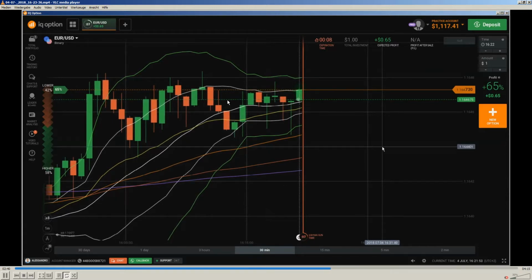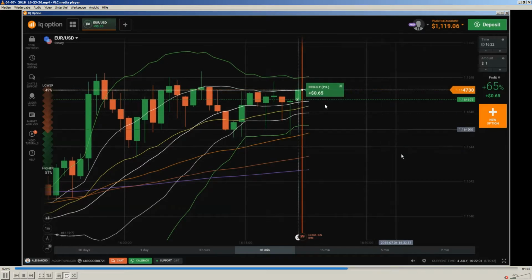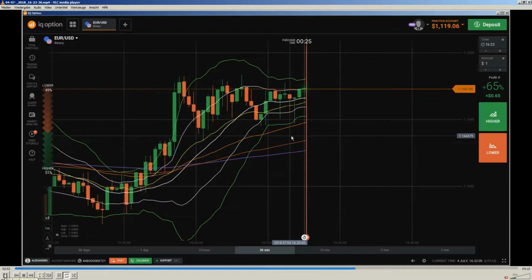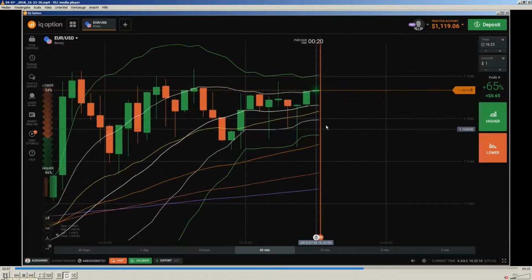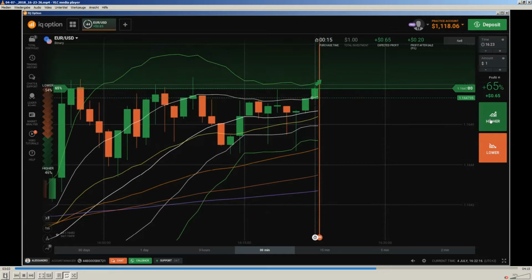Now, after this, because we are moving out of this box here, out of the zone between the middle Bollinger Band and the one deviation with the bullish candle, I decided to do another call. I would do a call in this kind of condition, because I would expect a breakout.